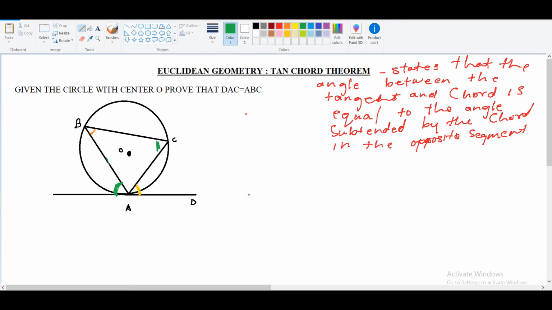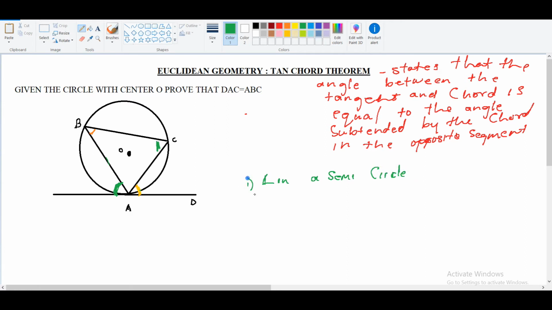So now to prove this theorem, you need to revise and rewind back to the theorems that you already studied, right? We will need the theorem of angle in a semicircle. These are the theorems that we'll utilize.